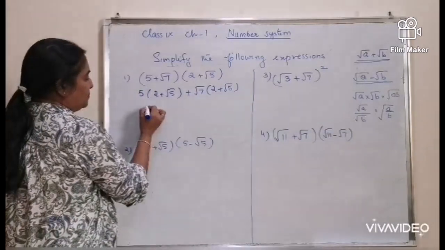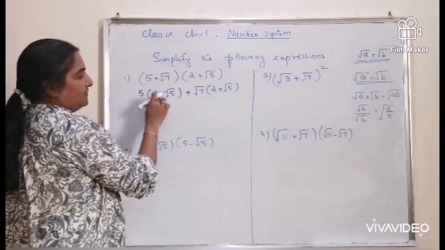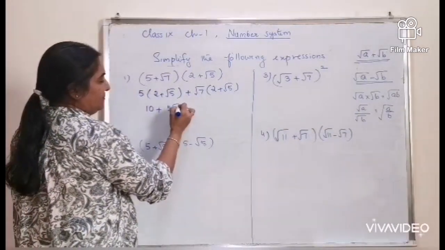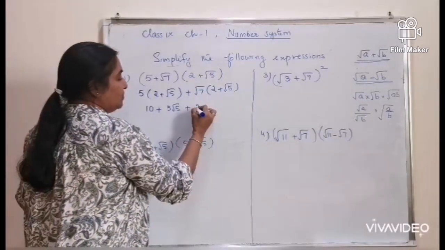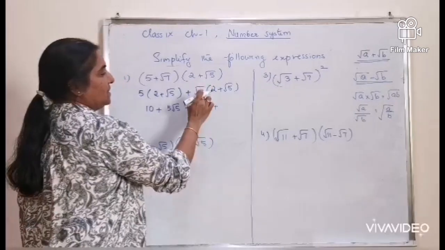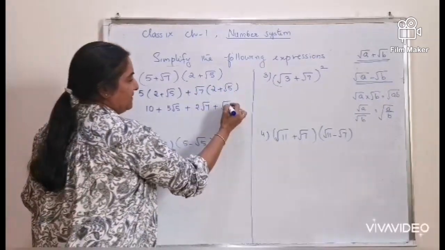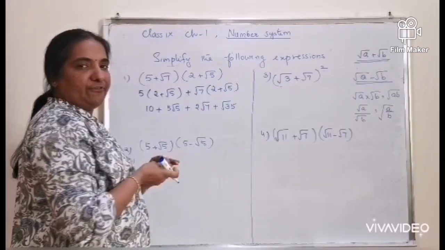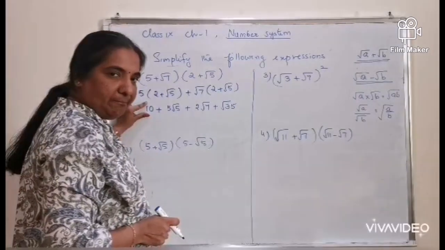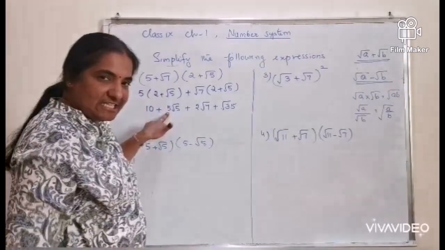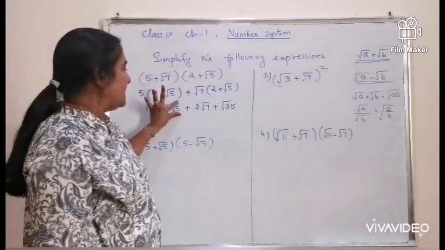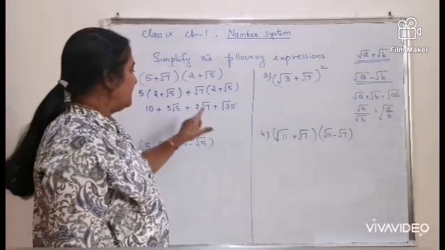5 into 2 is 10. 5 into root 5 is 5 root 5, plus root 7 into 2 is 2 root 7, plus root 7 into root 5 is root 35. 10 is a whole number. 5 root 5: the rational part is 5, the irrational part is root 5.